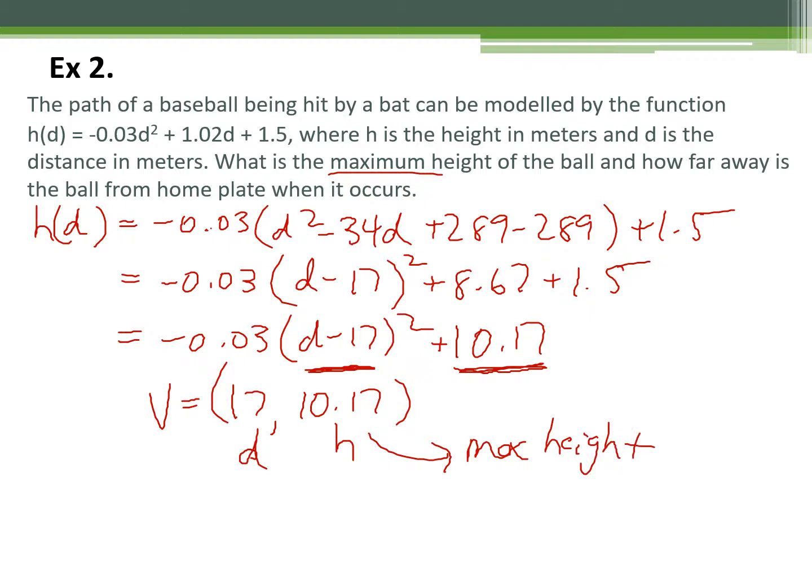I'm just going to summarize it like this. You should write it as a therefore statement. Max height is 10.17 meters. And how far away from the batter is it, or how far away from home plate is it? 17 meters away from home plate. And again, you should write that for an assignment or for a test with a therefore statement.